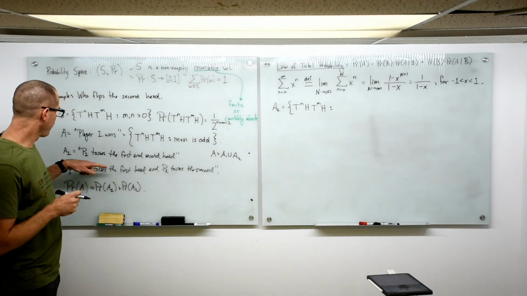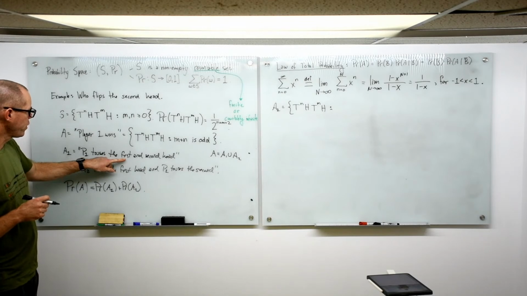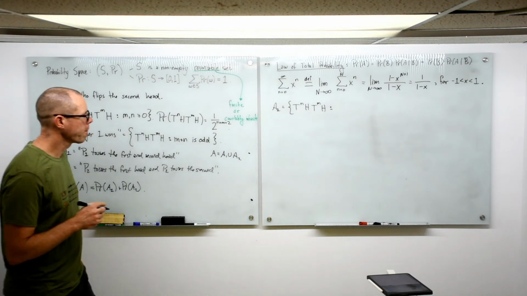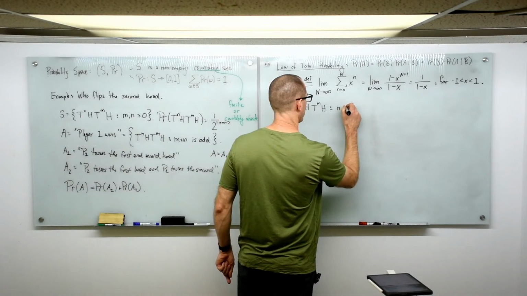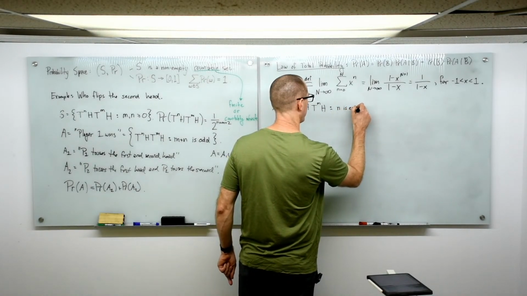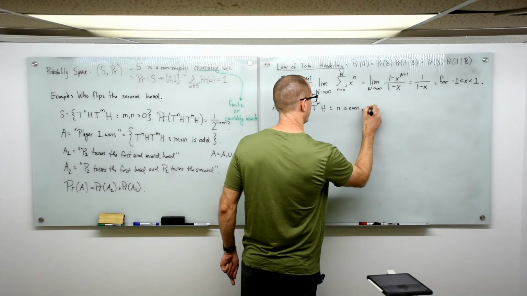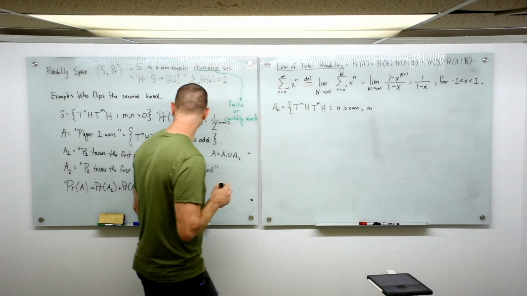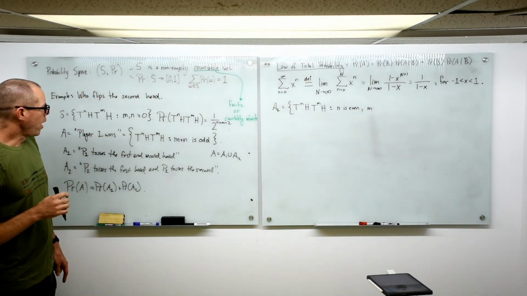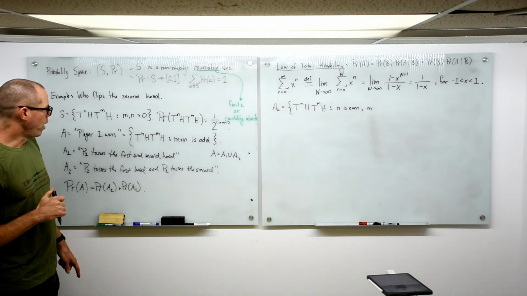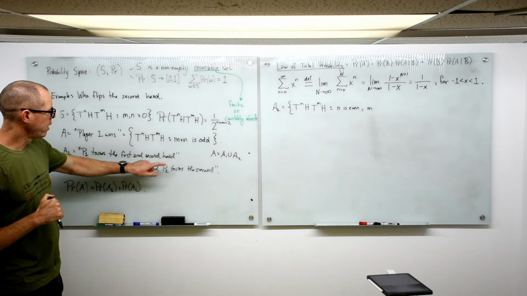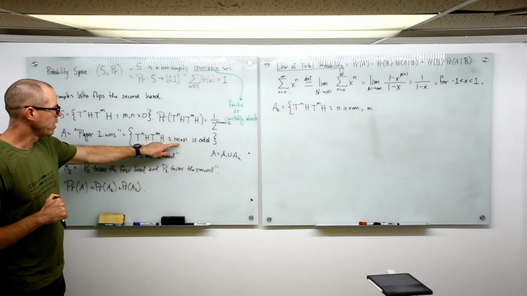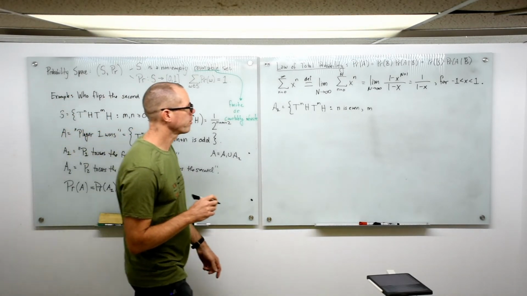In this case, if player 1 tosses the first head, that means that n is even, and if player 1 tosses the second head, that means that m plus n is odd.